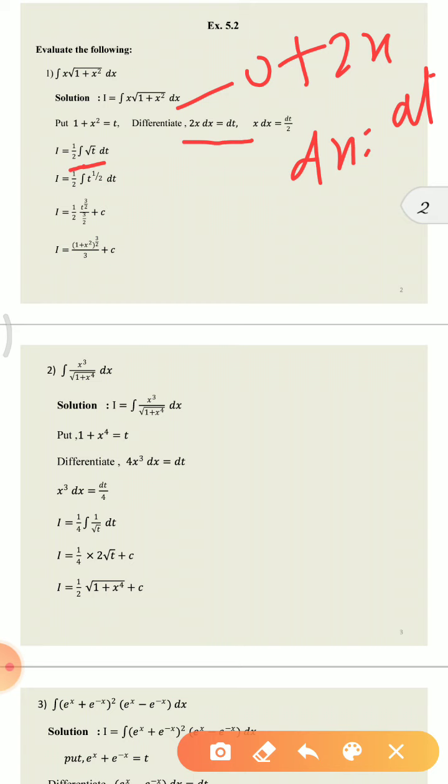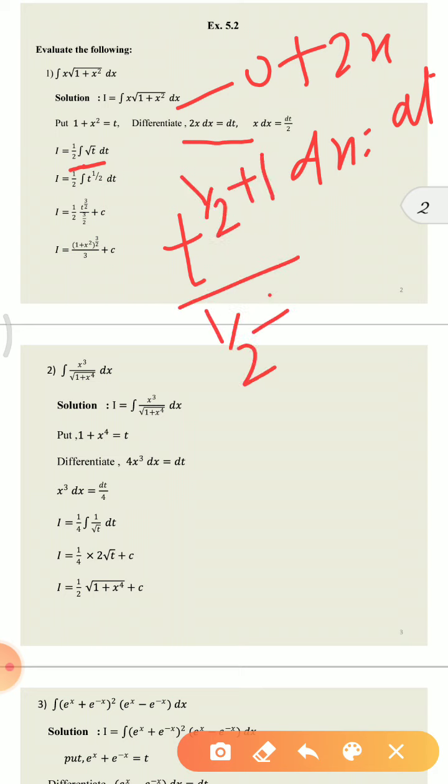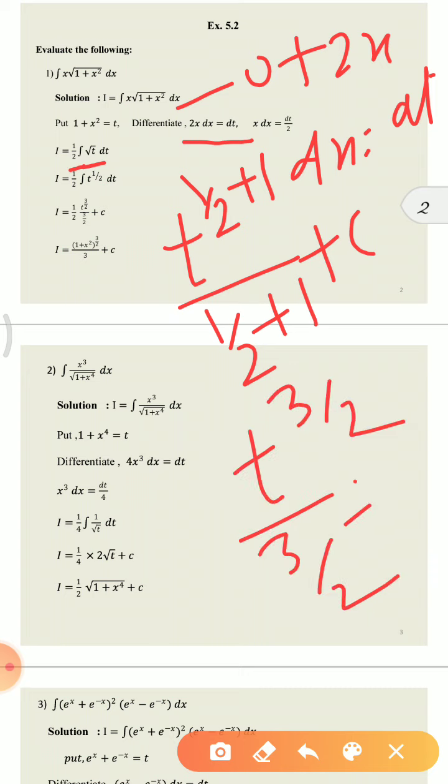Then we convert root t to the power 1 by 2, that is half into t raised to 1 by 2 dt. And you know the integration of x raised to n is x raised to n plus 1 upon n plus 1, that means t raised to 1 by 2 plus 1 upon 1 by 2 plus 1 plus c. And 1 by 2 plus 1 is 3 by 2, so t raised to 3 by 2 upon 3 by 2 plus c.